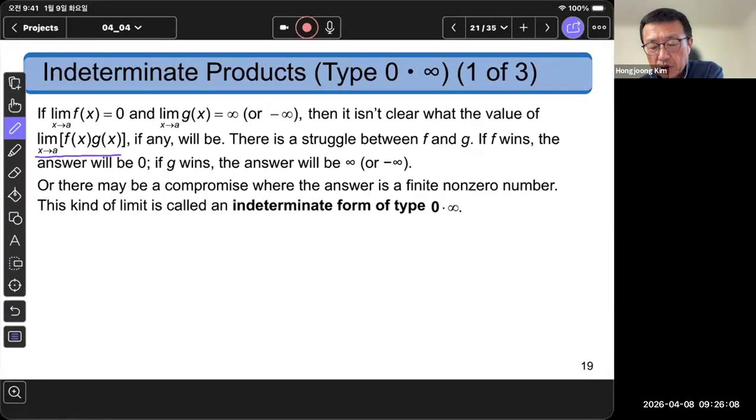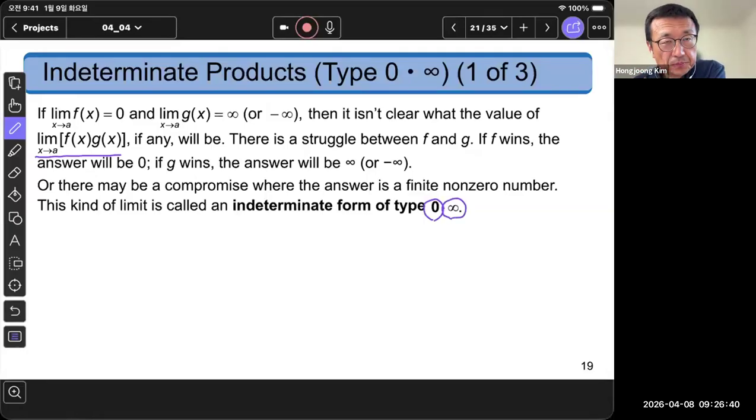Now, if one of these two functions, f or g, converges to 0 while the other diverges to plus or minus infinity. Okay, so one function converges to 0 while the other diverges to plus infinity or minus infinity.